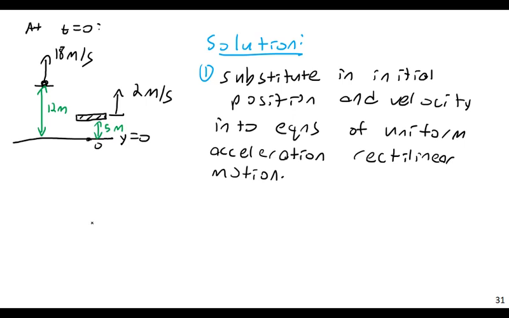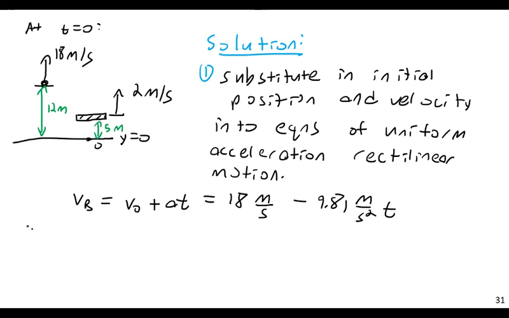So VB equals V naught plus AT, which is equal to 18 meters per second minus 9.81 meters per second squared times t.